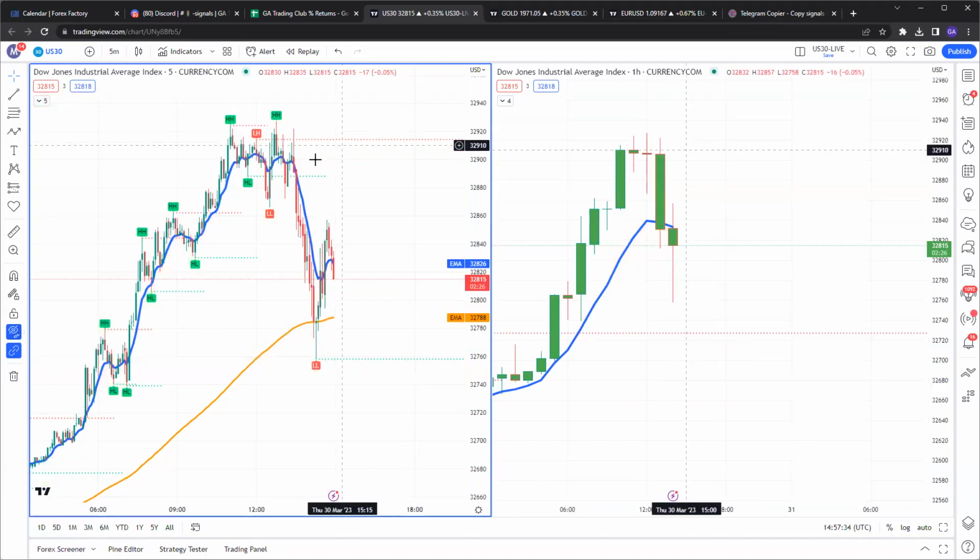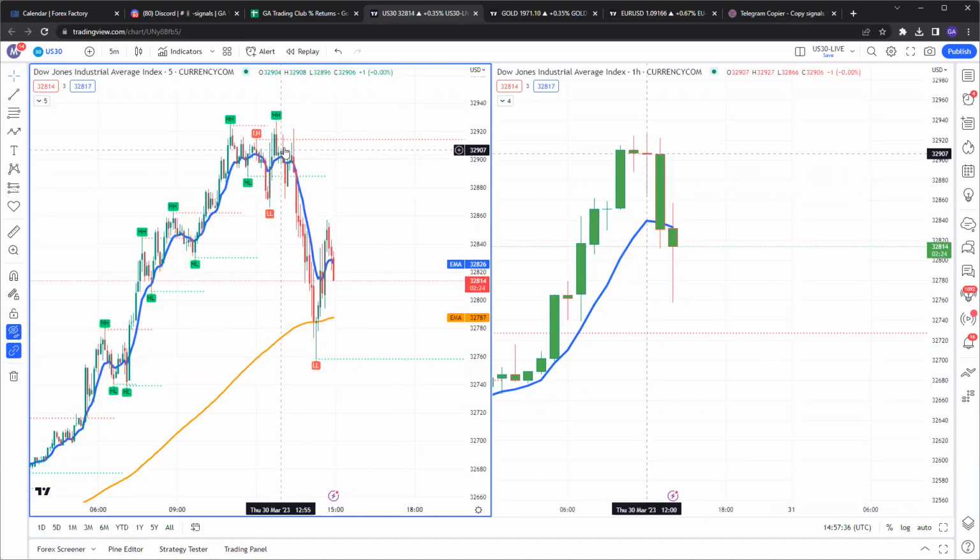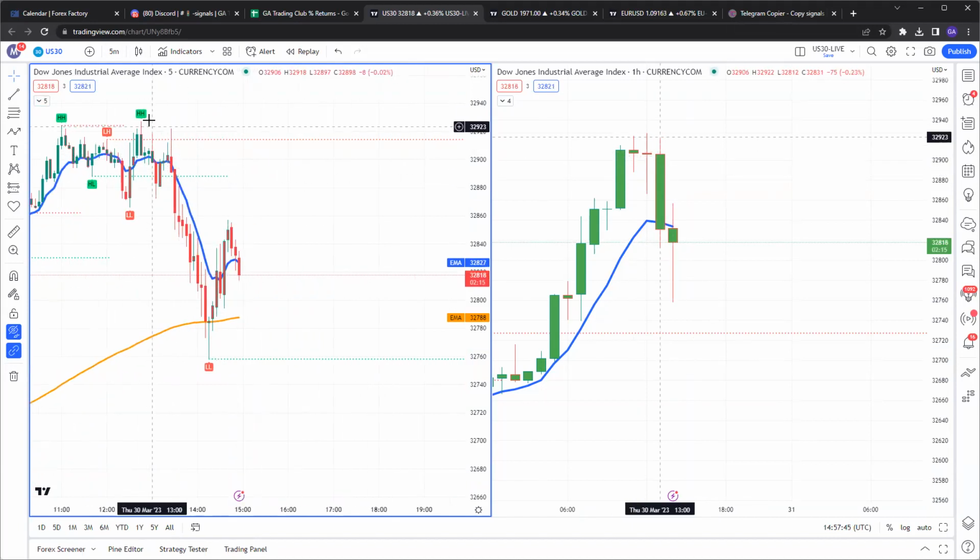This is US30. We had this sell signal, we had a buy, and then we had a sell. And I told you guys, if you used our confluences, you'd have only had the loss for the buy. But you'd have had a win for the sell here and a win for the sell here, because literally if you waited for the retest of the 9 EMA on this sell signal, you'd have survived this drawdown.